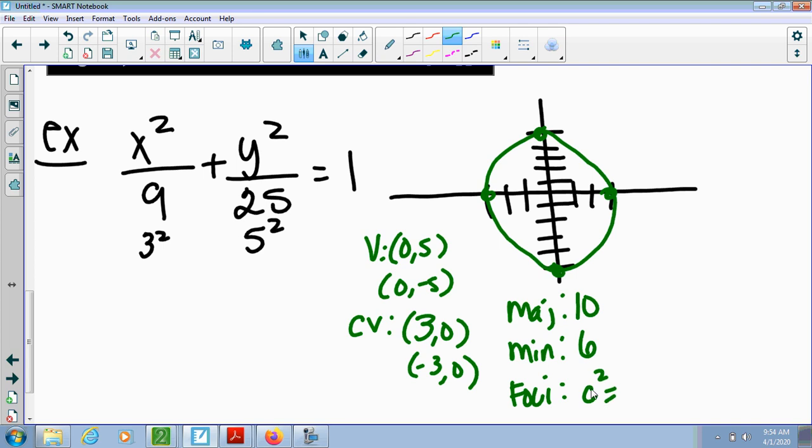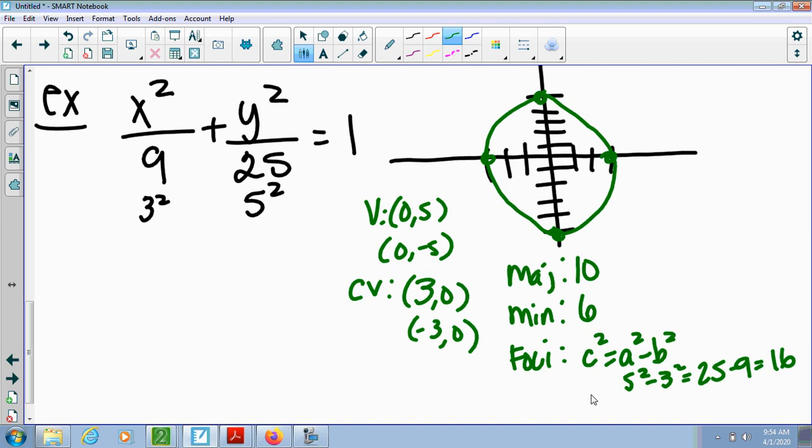And then for my foci, C squared is A squared minus B squared. In this case, our A is coming from our 25 instead of coming from the first one, because the longer one was underneath the Y, so that corresponds to your A. A is always on the major axis. So that's going to be 5 squared minus 3 squared, which is 25 minus 9, and that is 16.